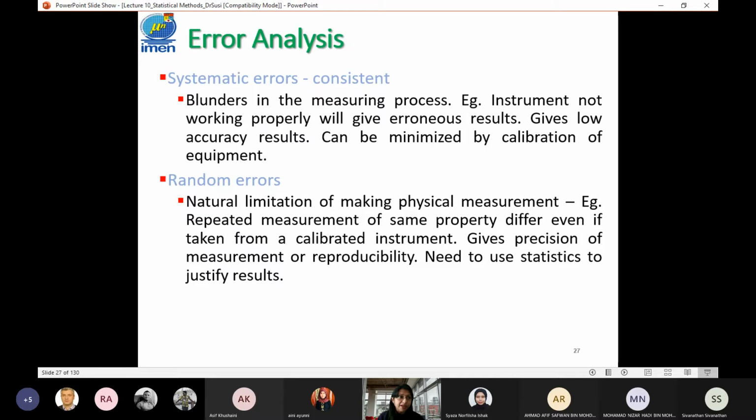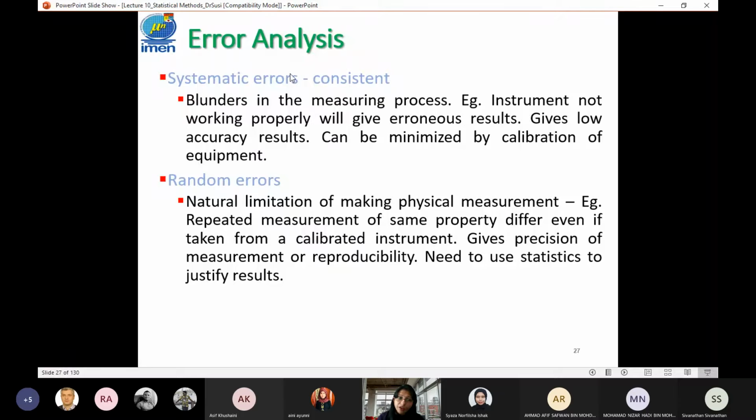So it can be between 0.4 to 0.6. These are random errors due to the nature. It's a calibrated instrument, but just because of the environment of repeating the experiment, it can give some errors. We call it random errors, and we have a statistical method to counter these errors.